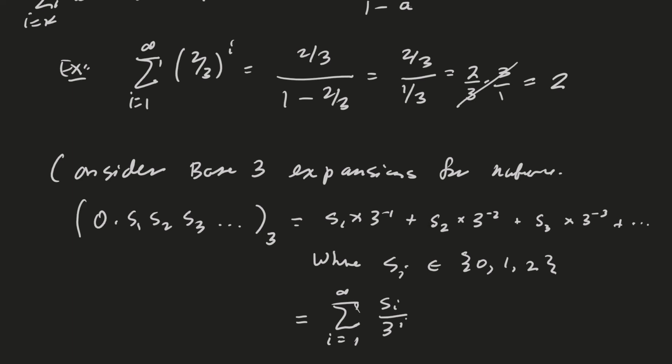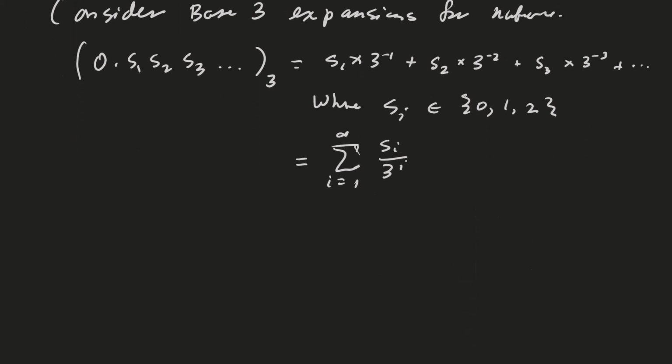And so if s_i is either 0, 1, or 2, then we know that this series converges since s_i divided by 3 to the i is bounded above by 2 over 3 to the i.